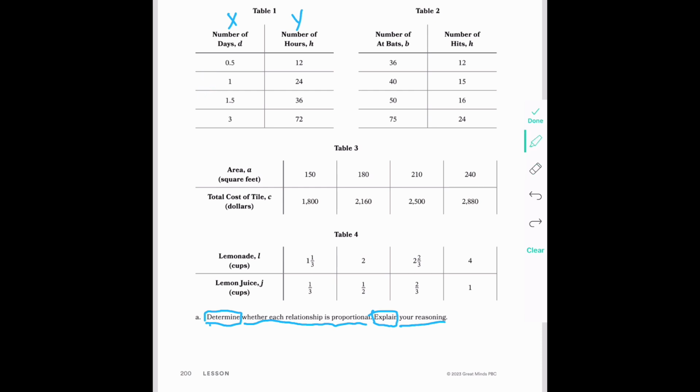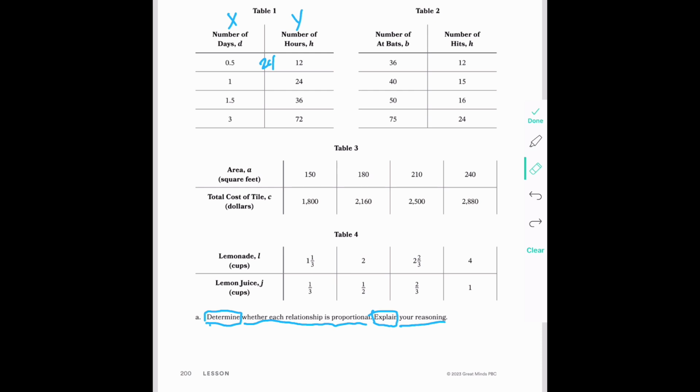Now we can try the method where we divide y by x. We divide y by x, 12 divided by 1/2. You have to turn 12 into a fraction, so that's 12 over 1. Then you're dividing fractions, so you keep, change, flip. That would turn into 12 times 2, which is 24 over 1, which means this would equal 24.